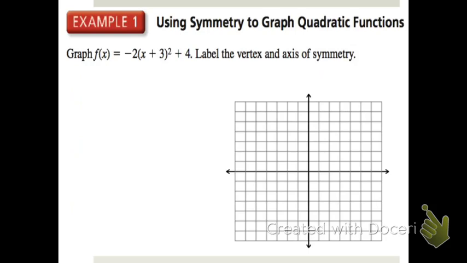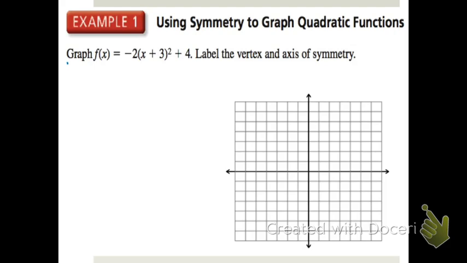So let's look at the first example. It wants us to graph this function and label the vertex and the axis of symmetry. So the first thing I want to do, I'm going to follow the steps just like in the previous slide. And the nice thing about the video is that you can go back to that slide if you need to.